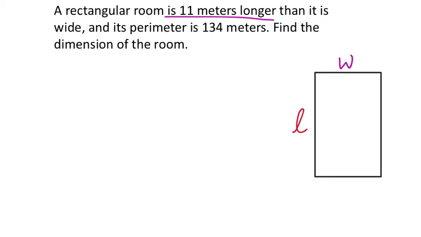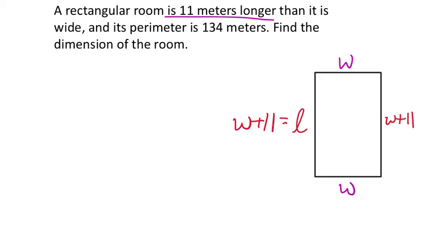Well, it said the length is 11 meters longer than the width. So I could write an equation for length where it's the width plus 11 meters more than that. Which means the opposite side, because it's a rectangle, would also be the width plus 11. And then the bottom width here is just width.